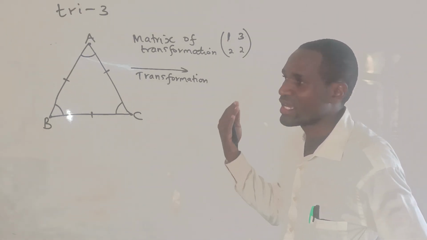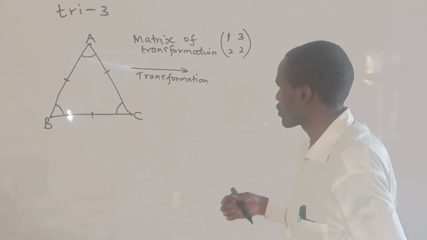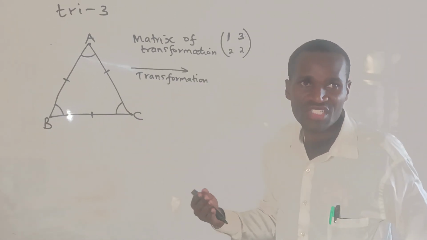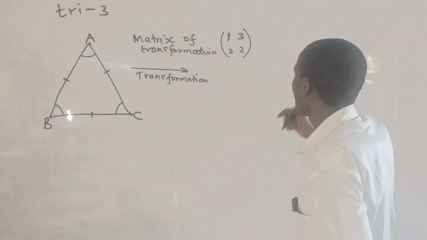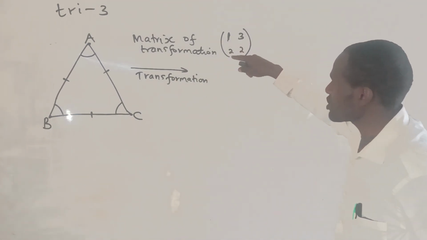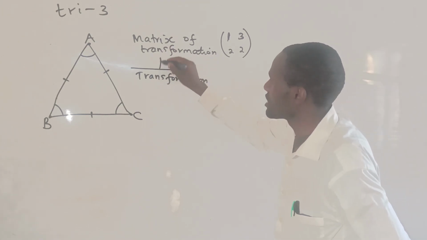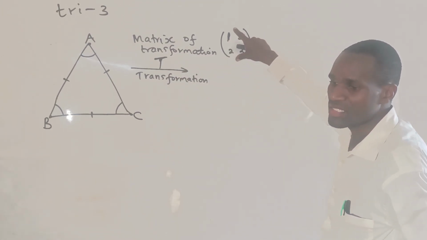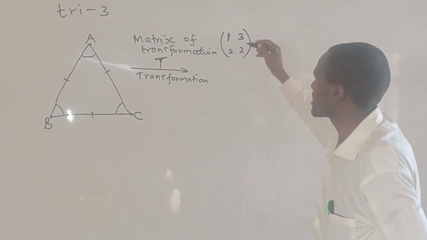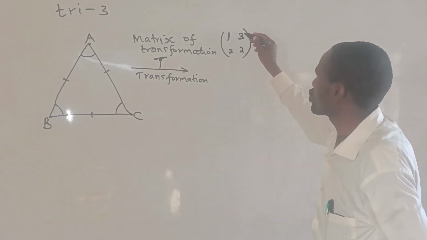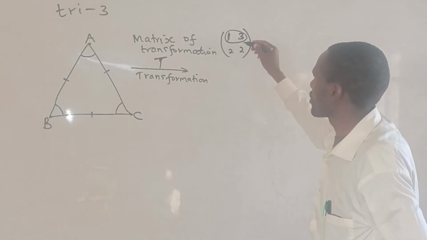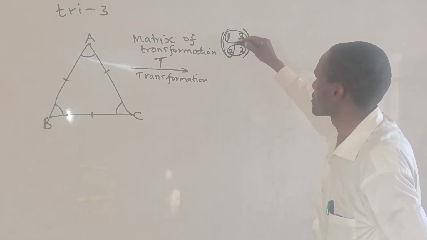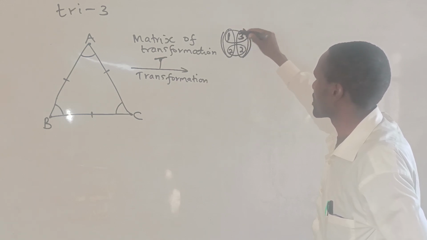The matrix of transformation labeled T is given as 1, 3, 2, 2. These are called elements. And this is a 2 by 2 matrix because it has 2 rows and 2 columns.